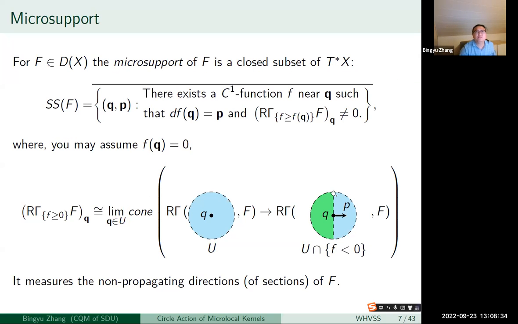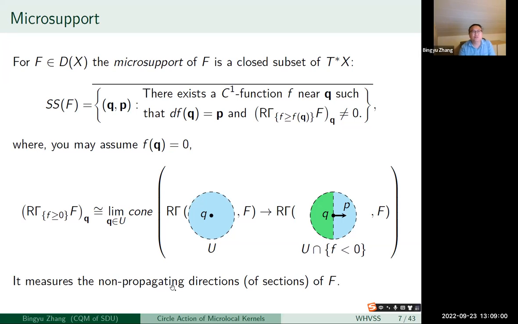And the main notion we need is the microsupport. For a given sheaf F over X, we define the microsupport to be a closed subset of the cotangent bundle, and it measures some non-propagating directions of F. What's the meaning of a non-propagating direction?